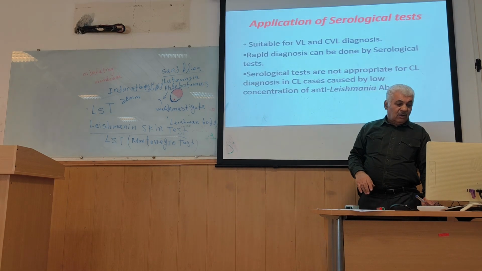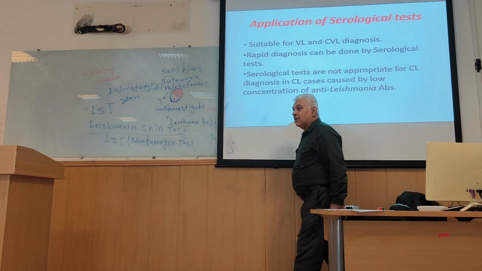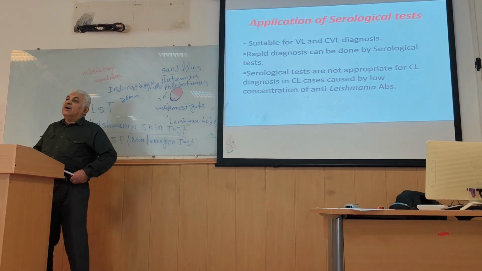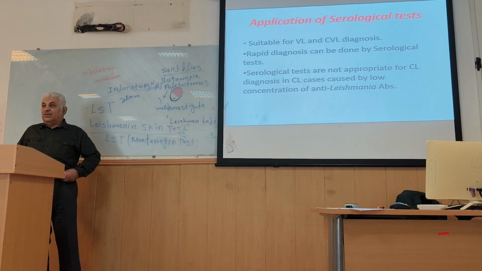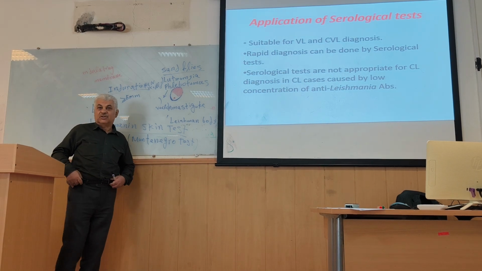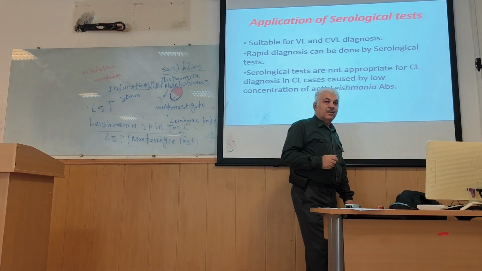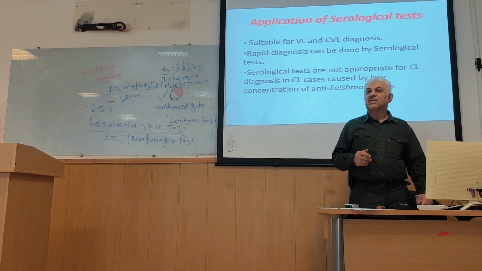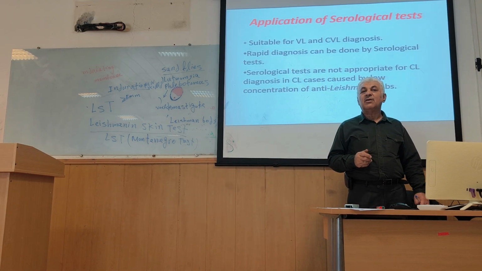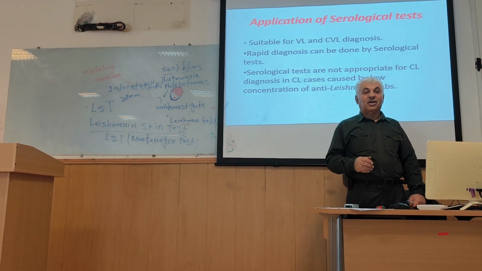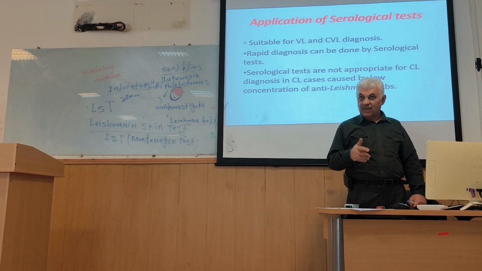The other procedure of immunodiagnosis is antibody detection or antigen detection. The name is humoral reaction. We can use this test for the diagnosis of leishmaniasis. The name of this test is serological test.